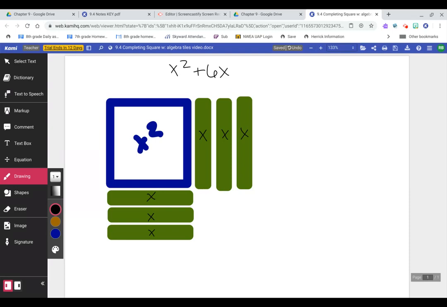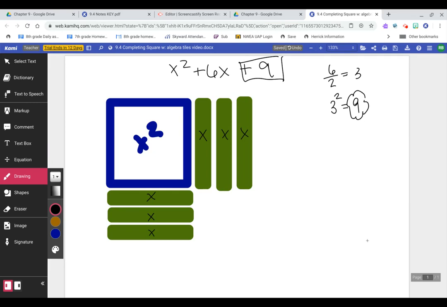Well, what I showed you on your notes is you would take the b coefficient, so that's 6 divided by 2, you end up with 3, and then you square 3 to get 9, which means I need to add 9 to this expression in order to complete the square. Oh, check it out.